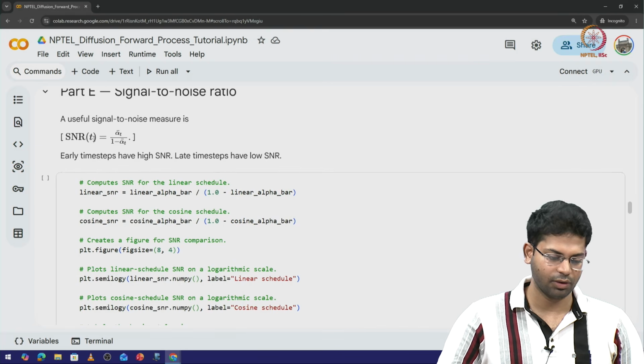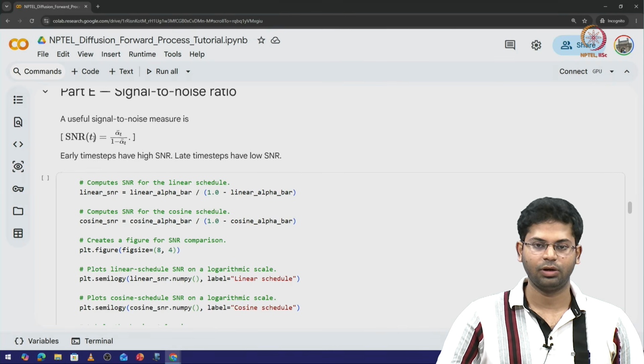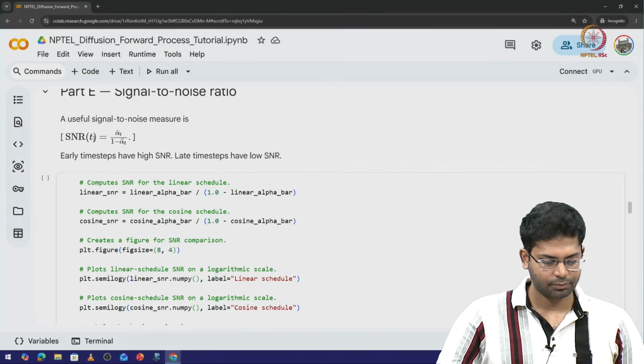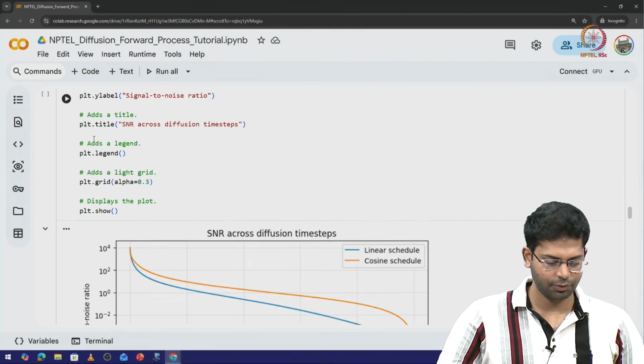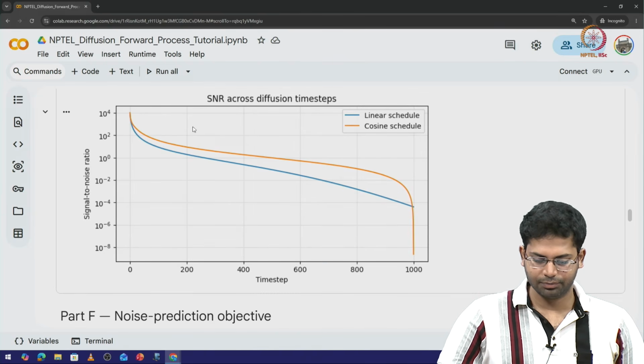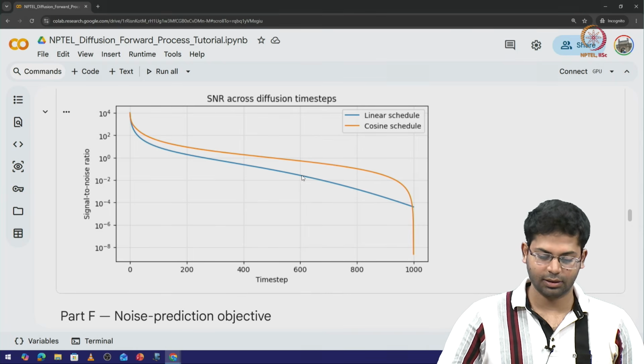So, SNR should go down, and at the final step there is only noise, no signal. If you plot it, you can see that this actually happens. In both the linear and cosine schedules, the SNR monotonically keeps decreasing. The only variance is in how it decreases.